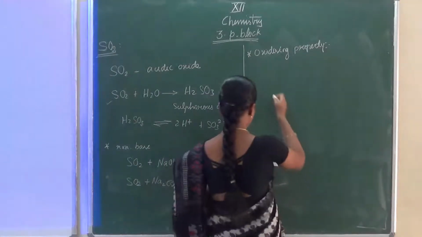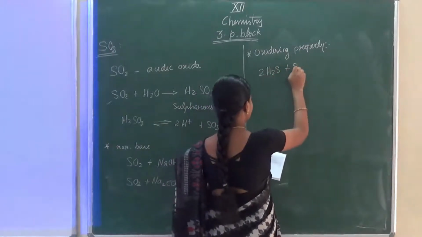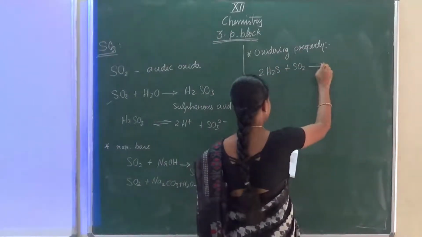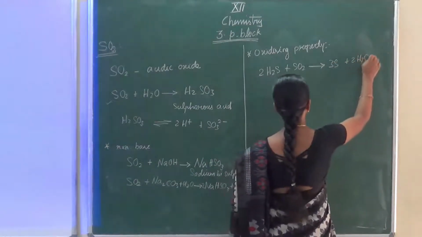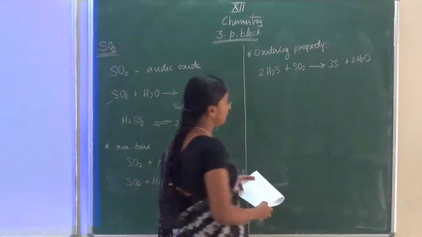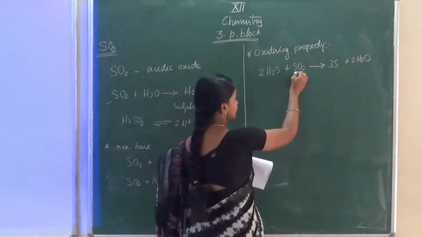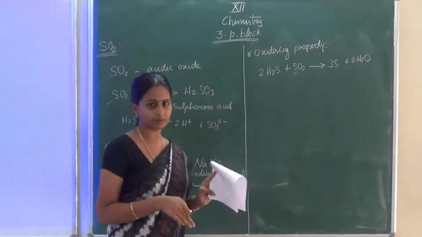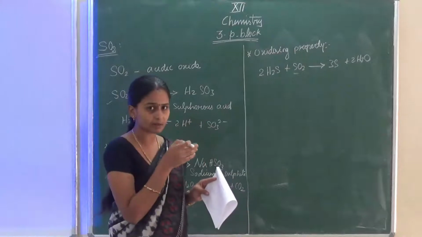The best example for this oxidizing property is H2S plus SO2. It reacts and produces 3S plus 2H2O. Oxidizing property means this sulfur dioxide really undergoes a reduction process, isn't it? So oxidizing nature means the compound is undergoing reduction.